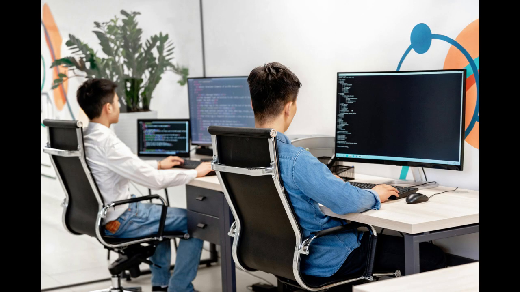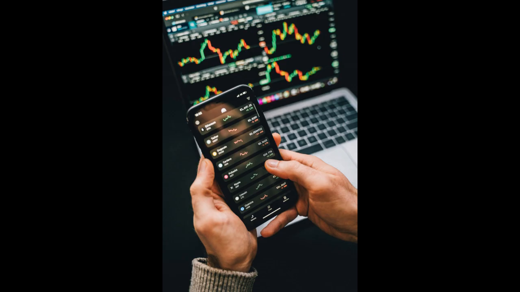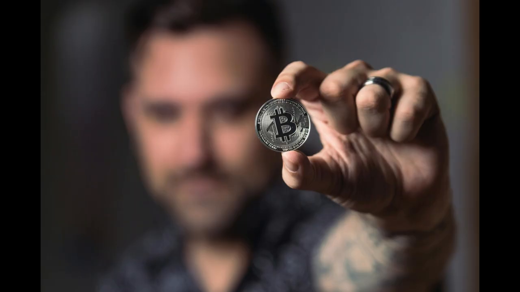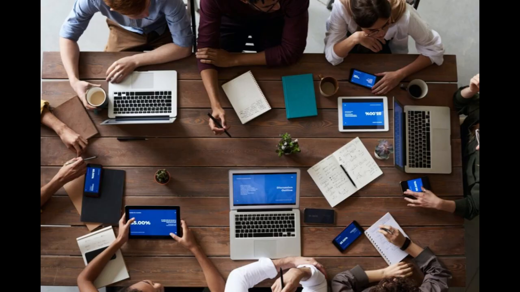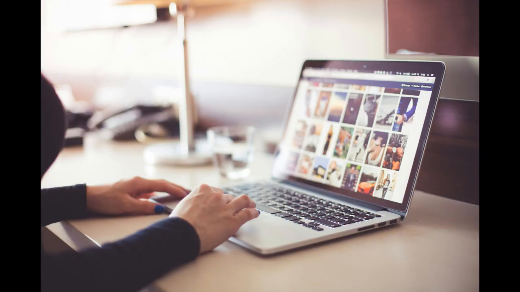Step 1. Define your crypto business concept. Start by identifying which area of crypto you want to enter. Popular ideas include launching a crypto wallet app, NFT marketplace, token project, blockchain-based game, or a crypto educational platform. Use ChatGPT to brainstorm unique ideas or identify gaps in the market.